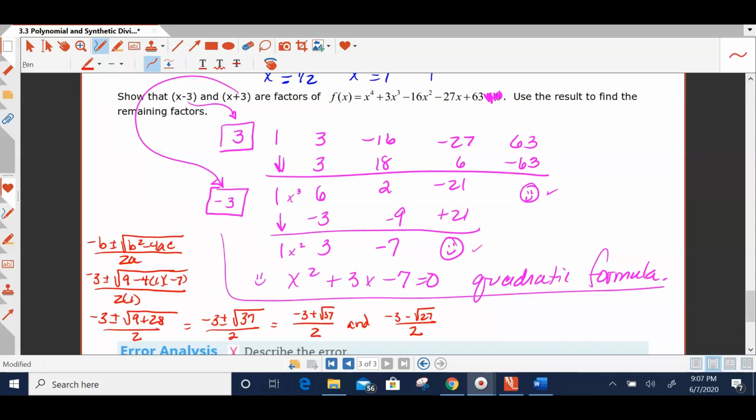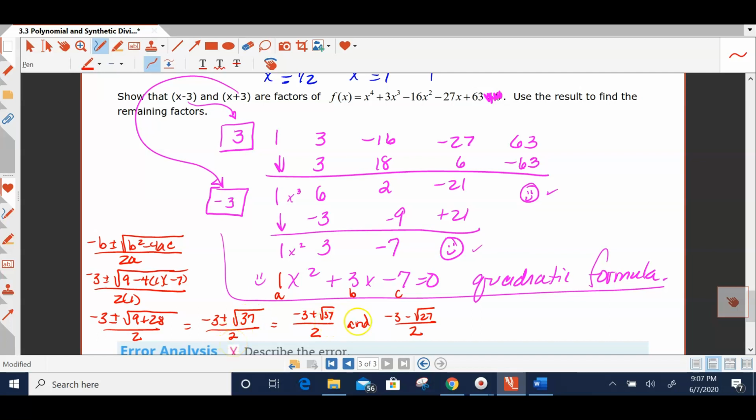When I use the quadratic formula with the coefficient a being 1, b being positive 3, and c being negative 7, I end up with negative 3 plus or minus the square root of 37 all over 2.